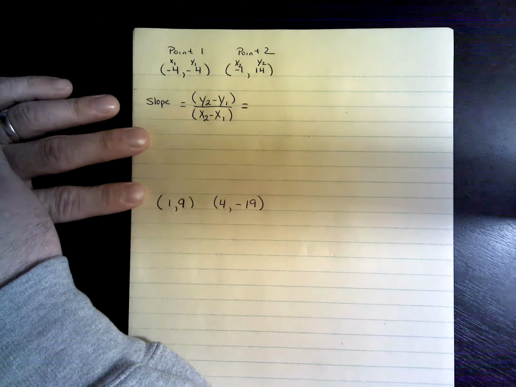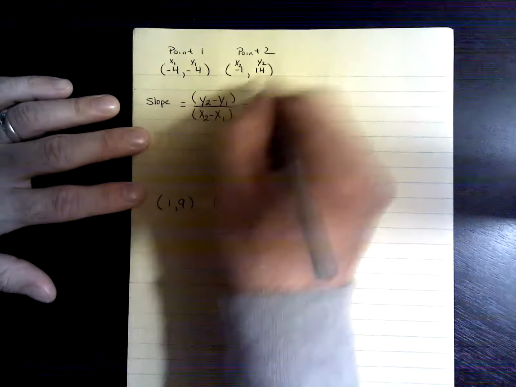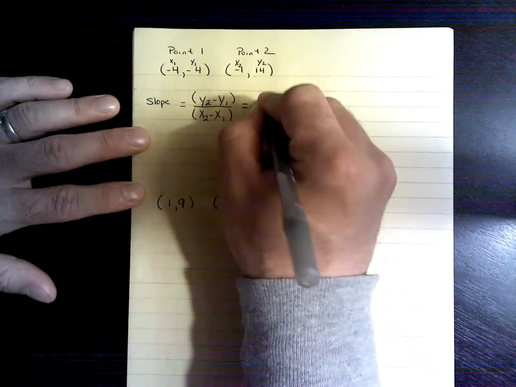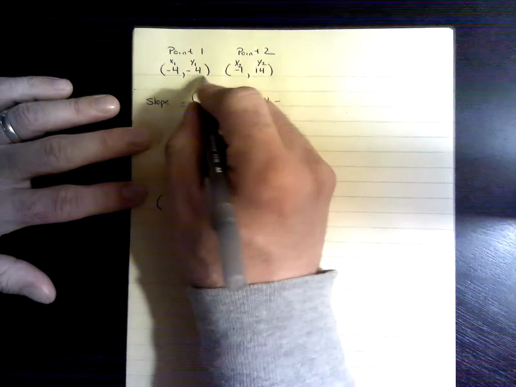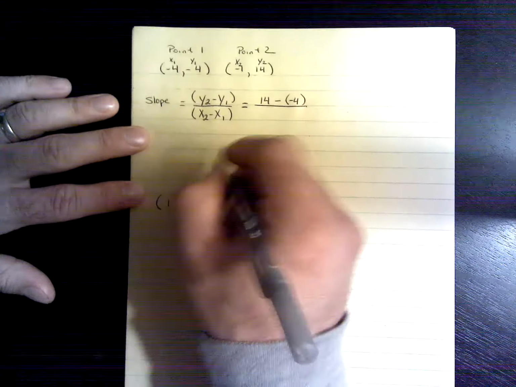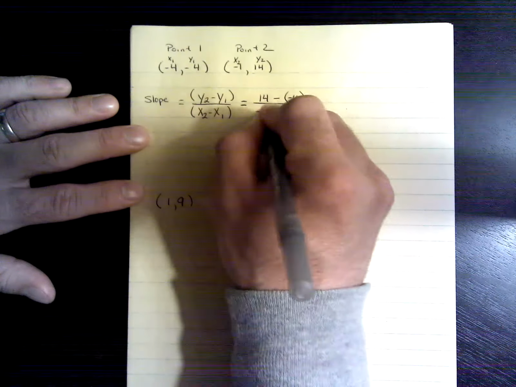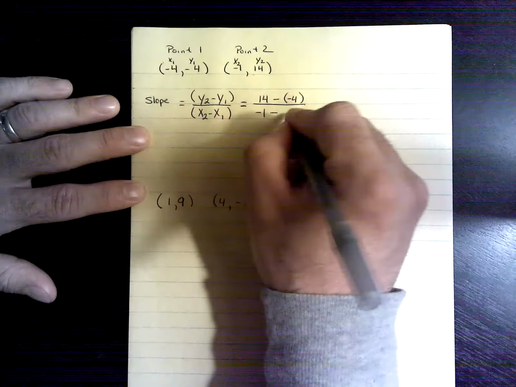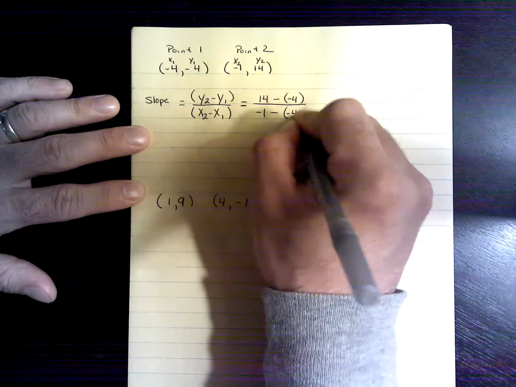Now, this is just like substituting in an expression. So my y2 is 14, so 14 minus my y1, which is negative 4, over x2, which is negative 1, minus x1, which is negative 4.